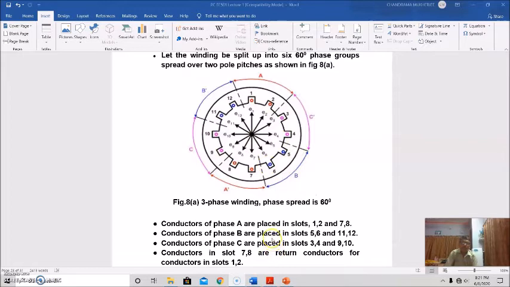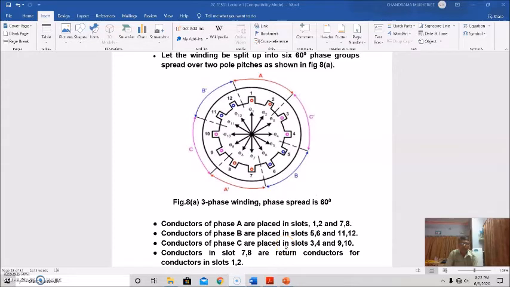Here you see in phase A, conductors are placed in slots 1, 2 and 7, 8. Okay, this is for phase A. For phase B, conductors are placed in slots 5 and 6, and the return path is 11 and 12.